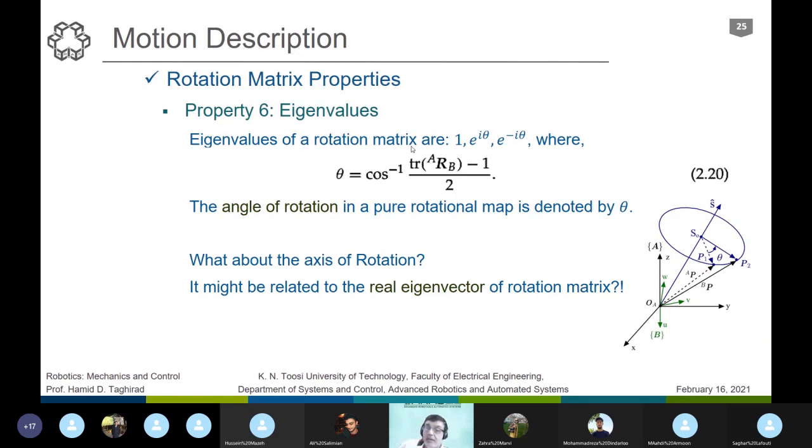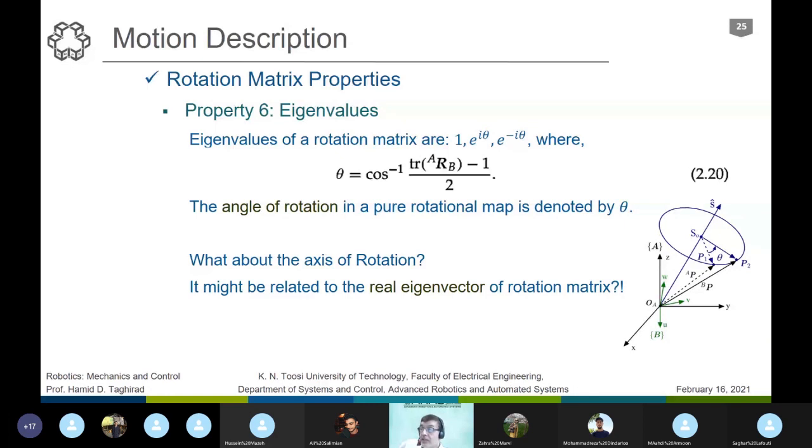You know that from pure math. They are not all 1, but the norm of them are all 1. You know that e to the power j theta has an absolute value of 1.